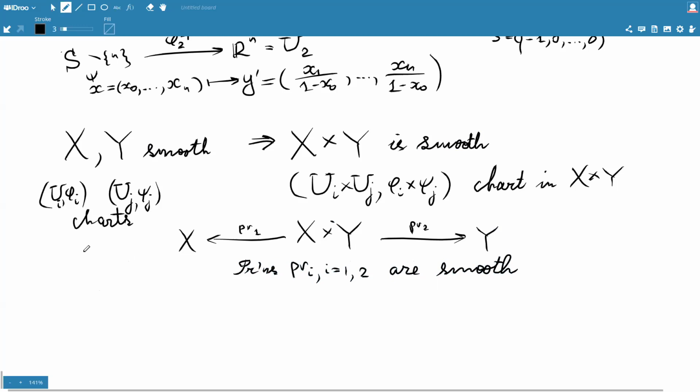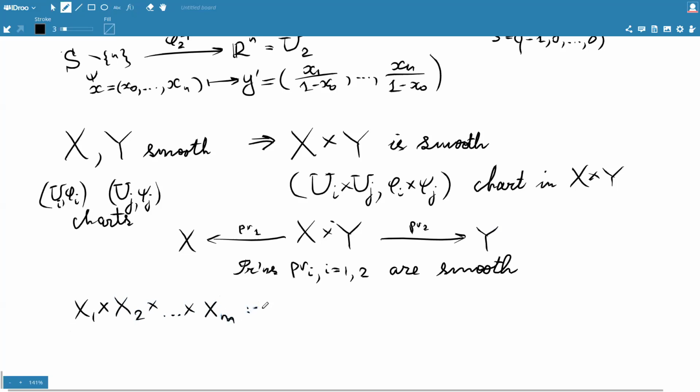Of course, if you have a product of more than two smooth manifolds, say X_1, what should we mean by the product of m smooth manifolds?